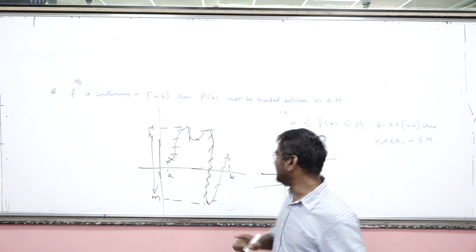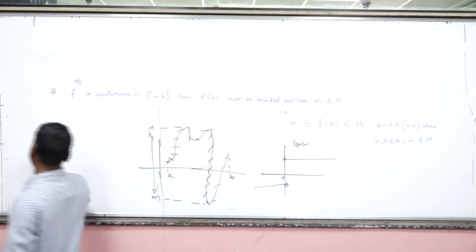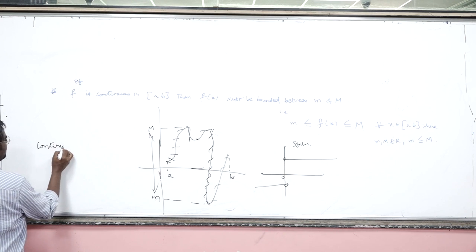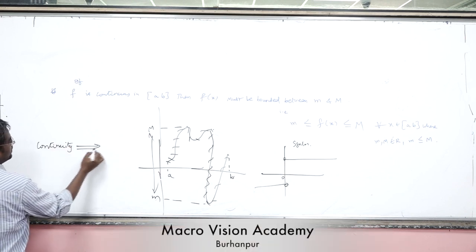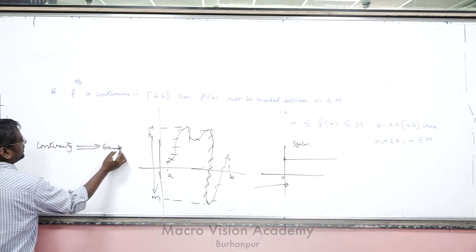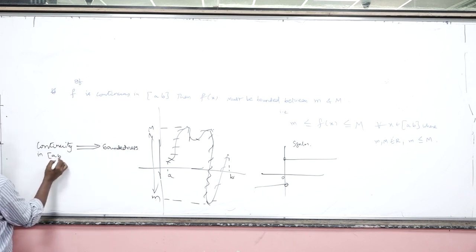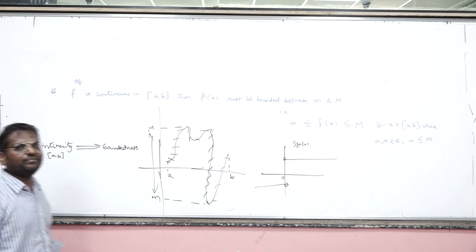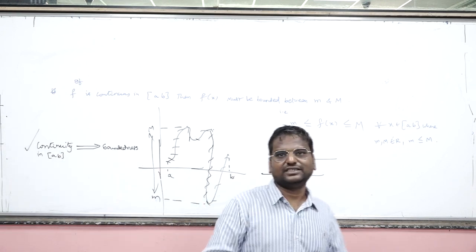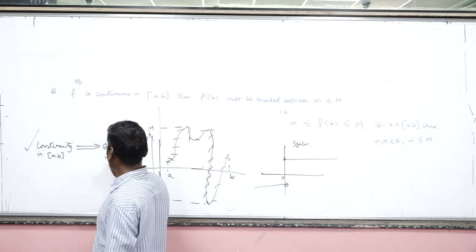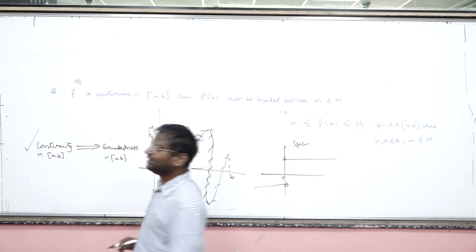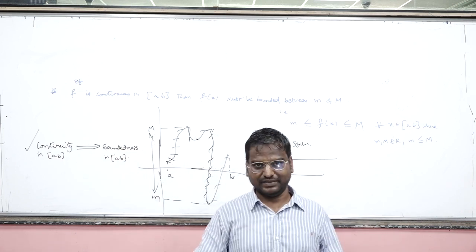Continuity implies boundedness. Boundedness doesn't imply continuity. Continuity in closed interval a to b implies boundedness in closed interval a to b. यहाँ तक हम गारंटी दे सकते हैं. Outside this interval anything can happen.